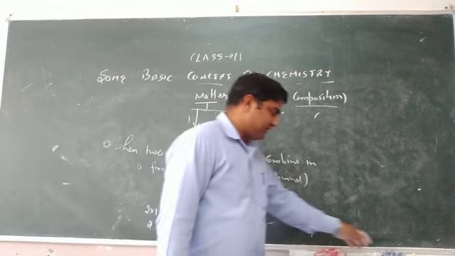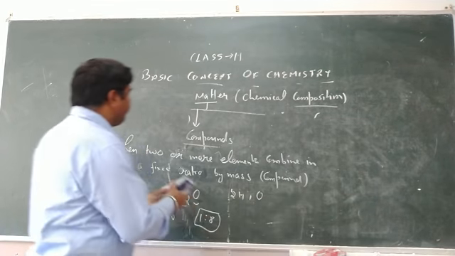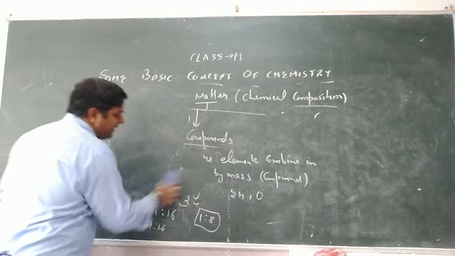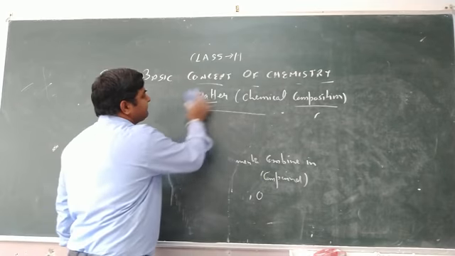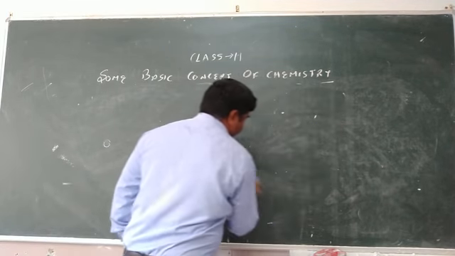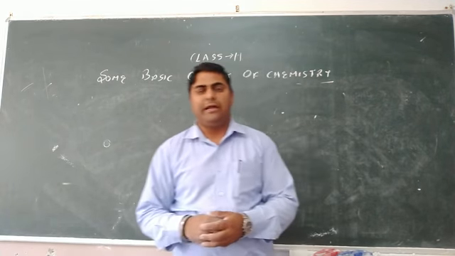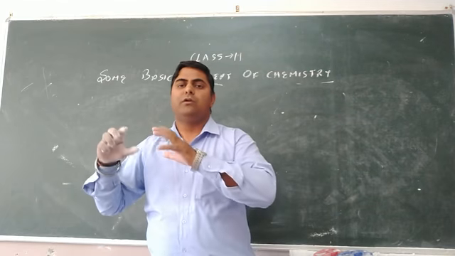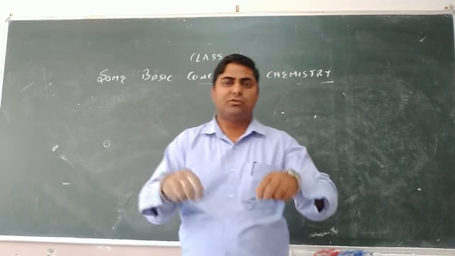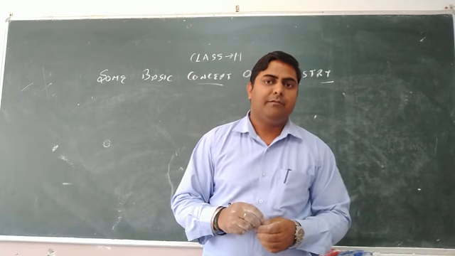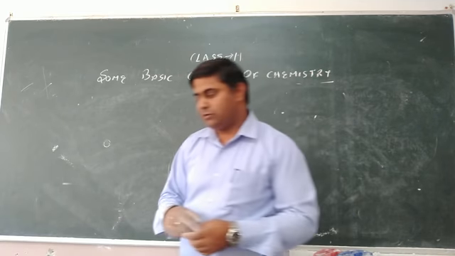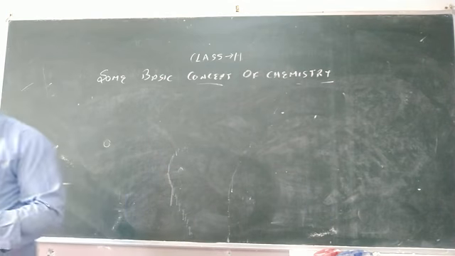Now the third part. Let us move towards mixtures. What are mixtures? Mixtures are formed when two or more elements or two or more compounds are mixed together in any proportion. That is called a mixture.